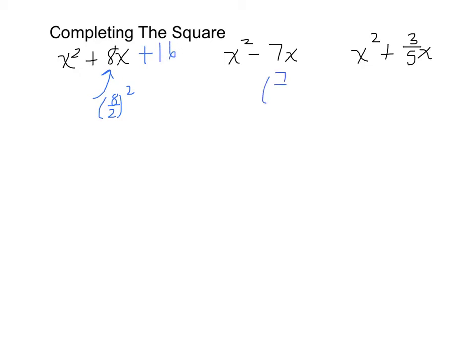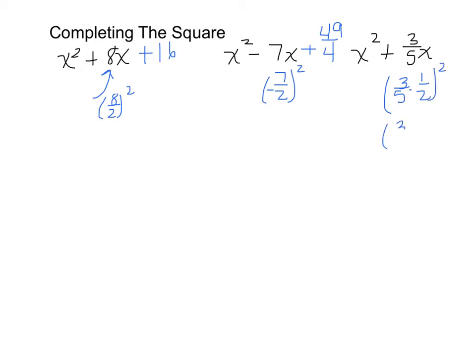Even if it is a number that can't be halved evenly, so you have negative 7 over 2. And then if you square it, you're going to get 49 over 4. And here, if you do 3/5, half of 3/5 would be 3/10, because you're doing 3/5 times a half.